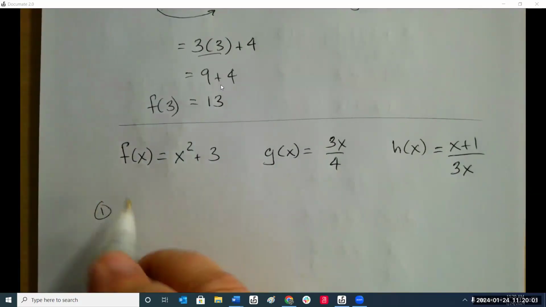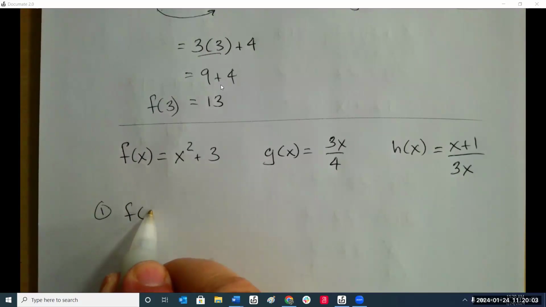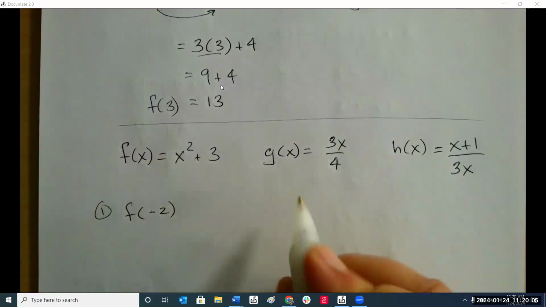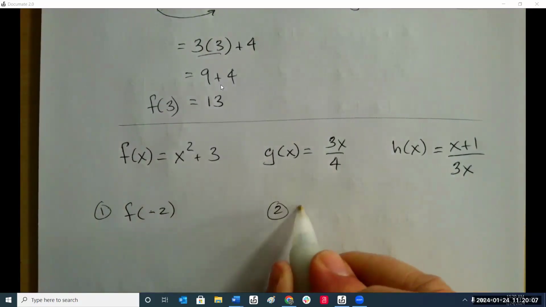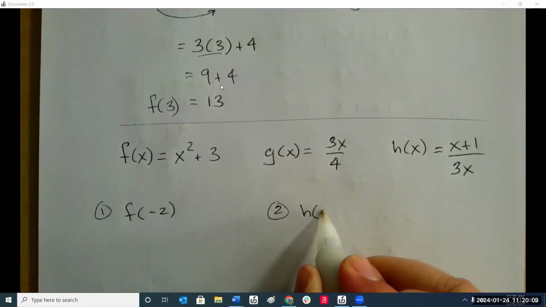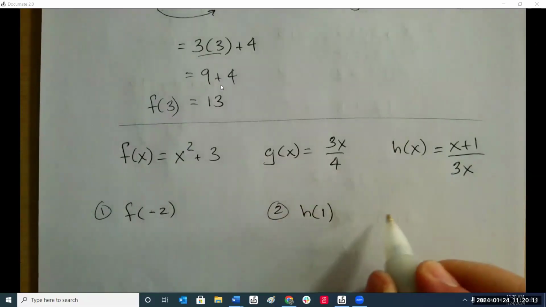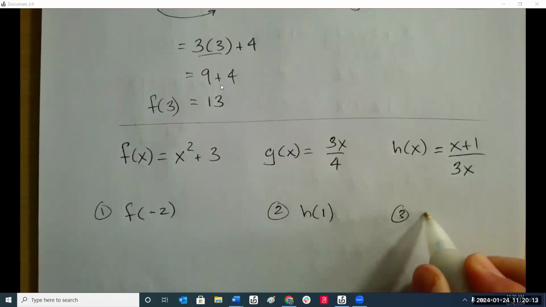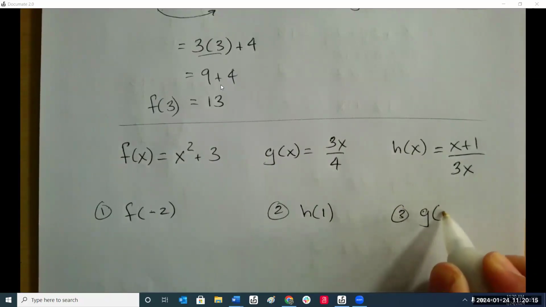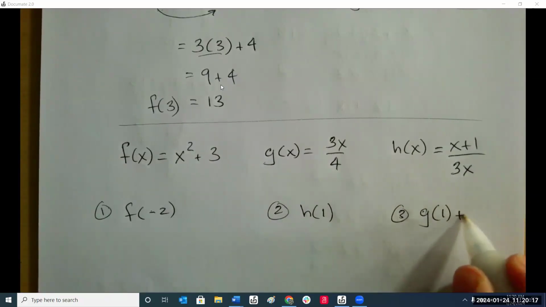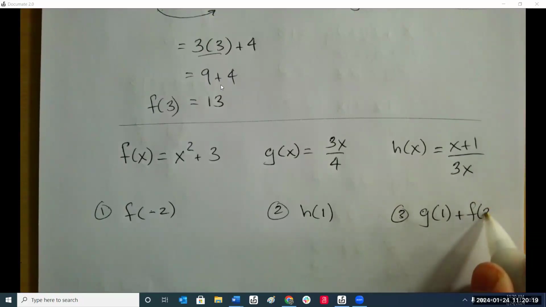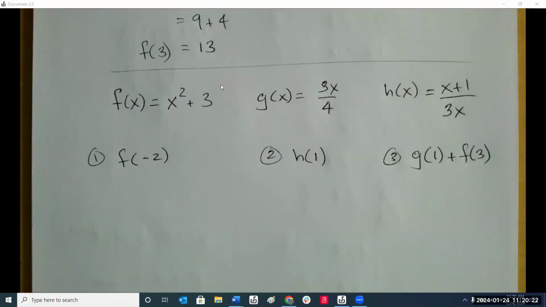So here, what if I gave you these equations to do? So work all three of these out.